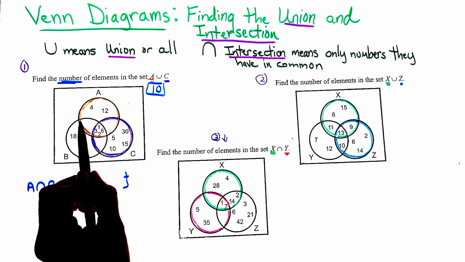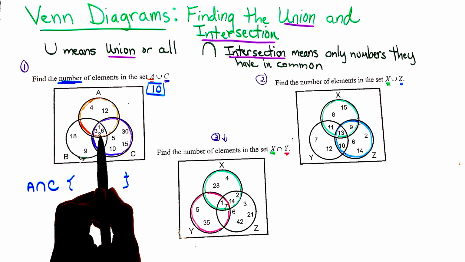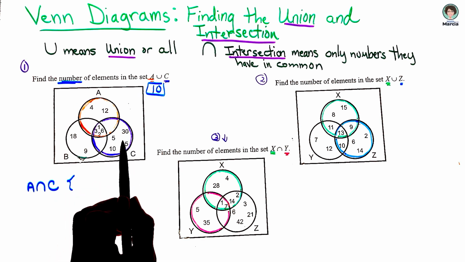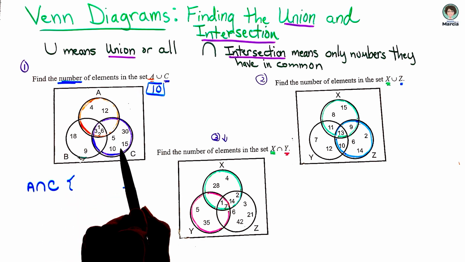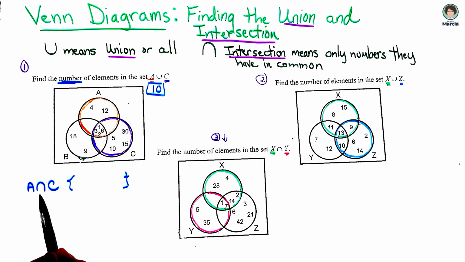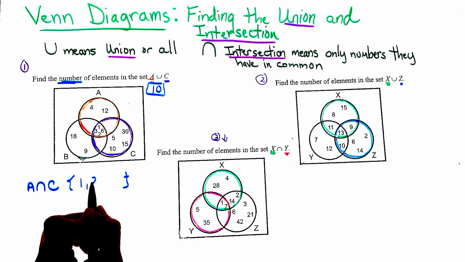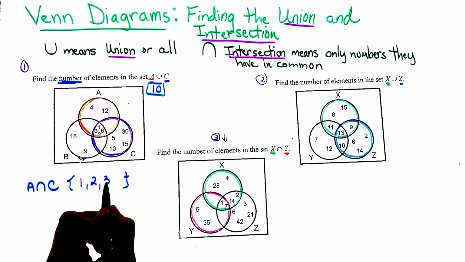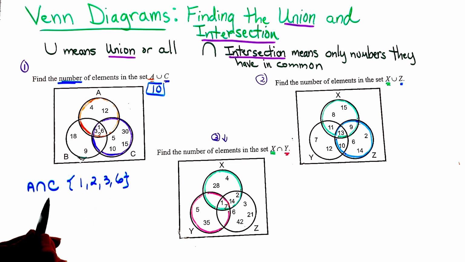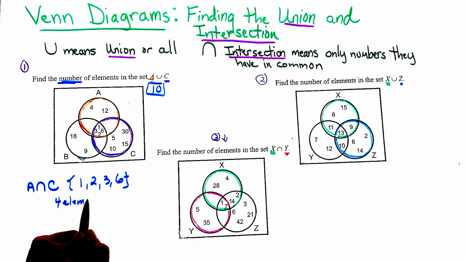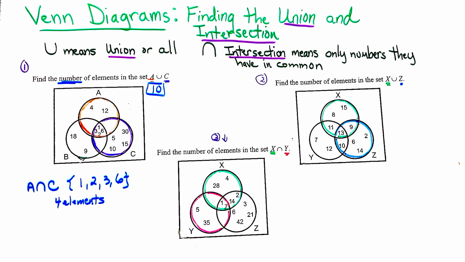Well, remember, when we were counting, we noticed that 1, 2, 3, and 6 were in both of them. So when you're looking for intersection, it's what they both have in common. So we would list the intersection of A intersects with C like that. And the answer is there are just 4 elements or 4 numbers that they have in common.